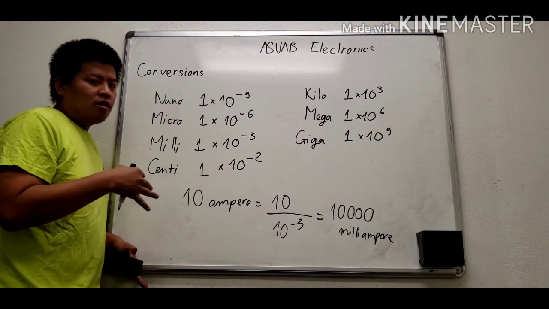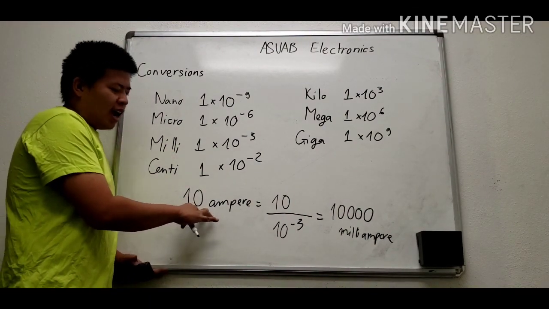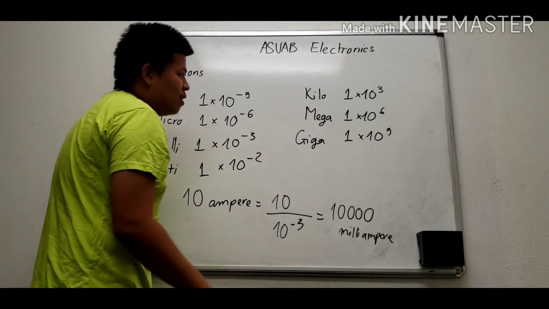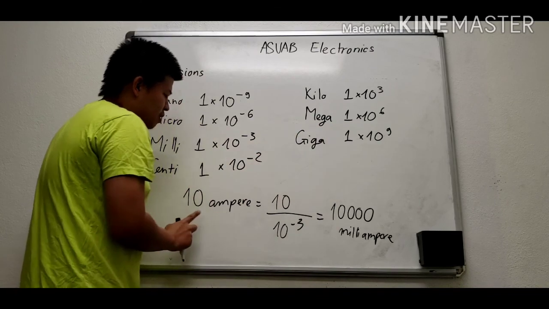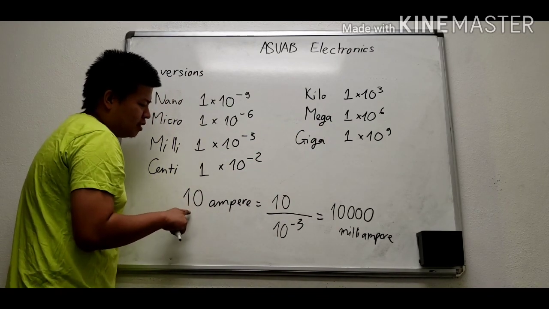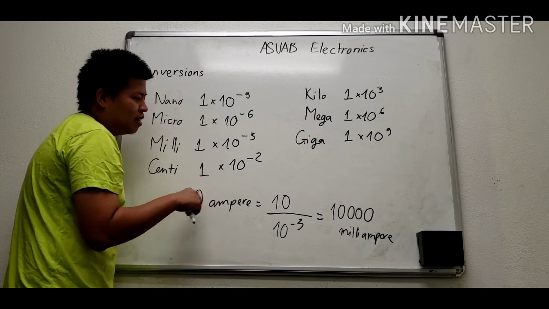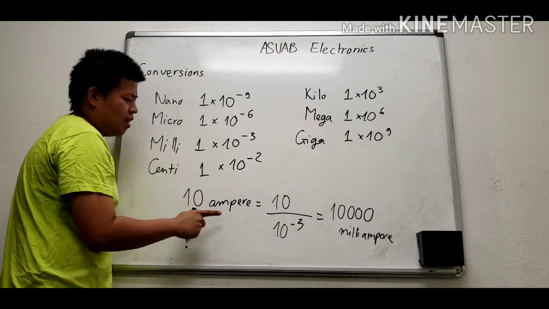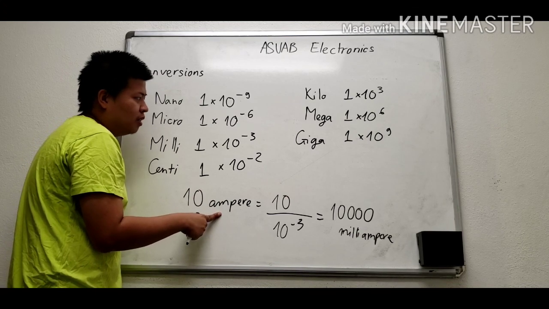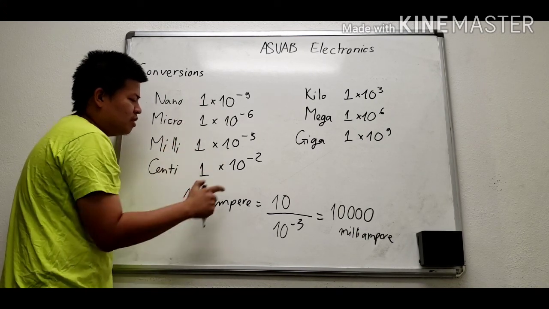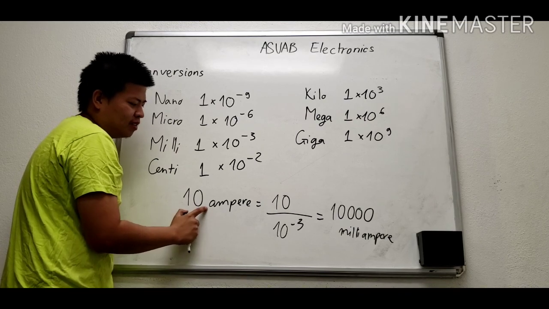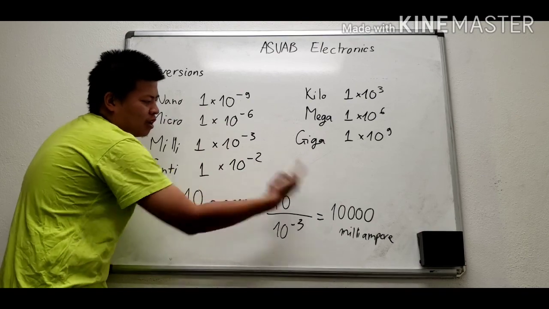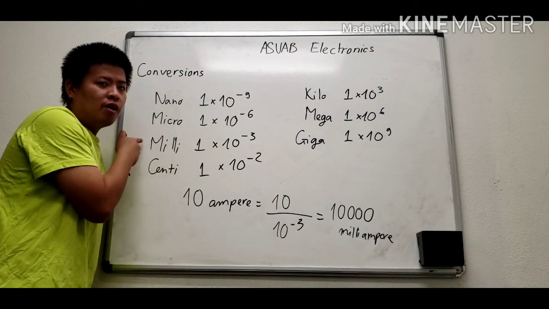Just like we convert a unit without any prefix to another one. For example, if we convert to mega, we just use the number 10 divided by 10 power 6. Or if they want to convert from ampere to anything else, we use the number 10 without the unit and just divide, and we get the unit that we want to convert to.